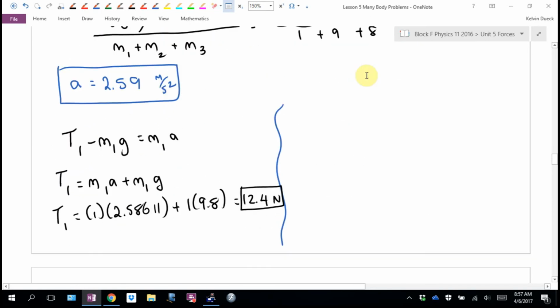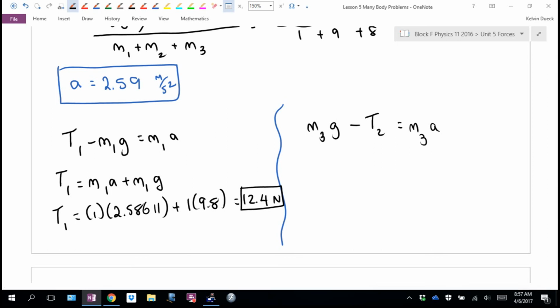So our equation, Mina, you said is going to be winner M3G minus T2 equals, winner minus loser always equals MA, but what mass are we looking at now? So it's going to be mass number 3 times A. What are we trying to find, Mina?